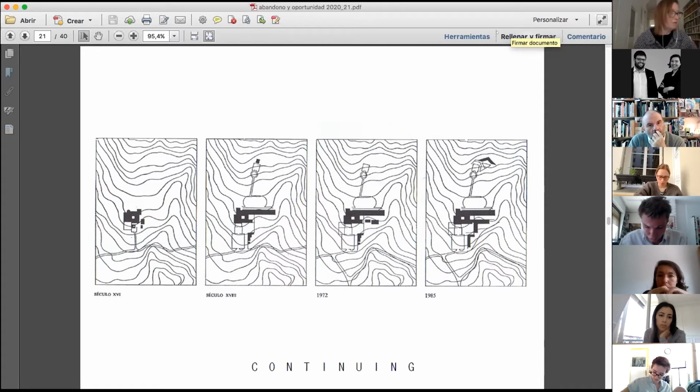The drawing on the screen is especially significant because the architect Fernando Távora explains through it how he places his design project at a certain moment of the long life of this complex history. It begins with a small basilica in the 16th century.